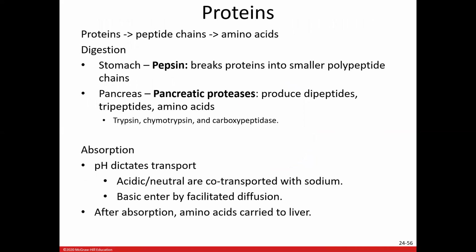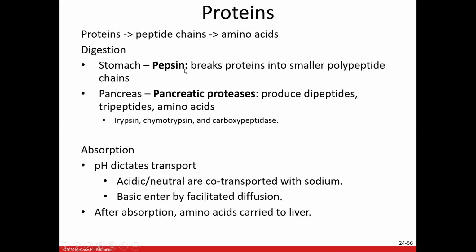Okay, lastly, for our macromolecules, we have your proteins. Your proteins are built based on what are called peptide chains. How many peptide chains a protein has varies, and those peptide chains are then broken down into amino acids. So digestion for the proteins occurs in the stomach and the pancreas.